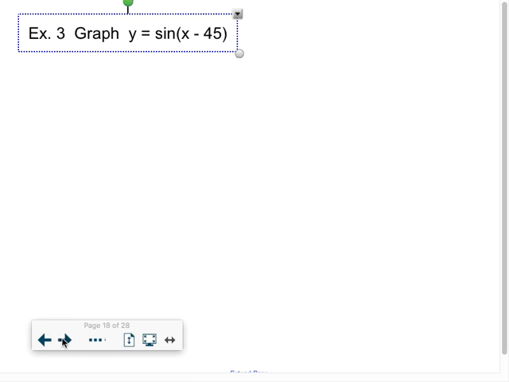All right, example 3. We want to graph y equals sine the quantity x minus 45.